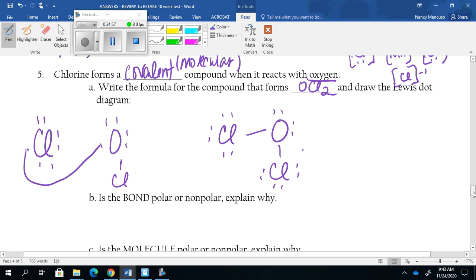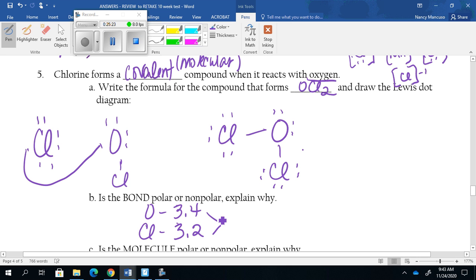All right, is the bond polar or nonpolar? All right, I'm going to look up O. I'm going to look up Cl. I'm looking up their electronegativity. Bonds always require me to look up electronegativity to figure out polarity. So O is a 3.4. Cl is a 3.2.